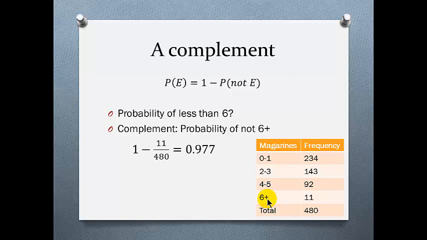So what we're going to do is take 1 minus the probability of that. 1 minus the 11 out of 480 leaves us with 0.977. And that's a lot quicker than having to add up 234 plus 143 plus 92, getting an answer, and then dividing by 480. It would be even worse if there were 15 or 20 categories. So a lot of the times it's quicker to subtract out what we don't want to get our final solution.